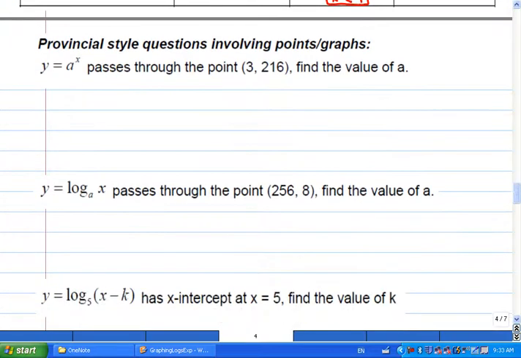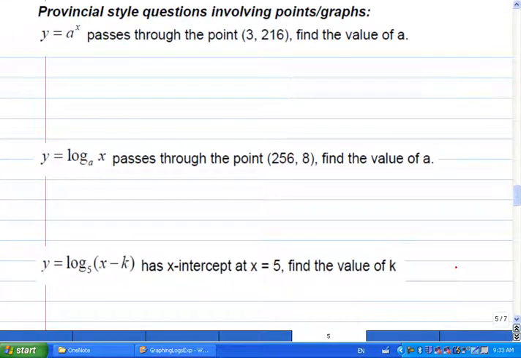So we'll just try a couple of extra questions here, provincial exam style that you might find. Knowledge that hopefully you can pick up from that lesson, but maybe you need a little refresher. It says that this passes through the point 3 and 216, so that's x and y. So if we wanted to find the base, that means 216 equals a to the 3.